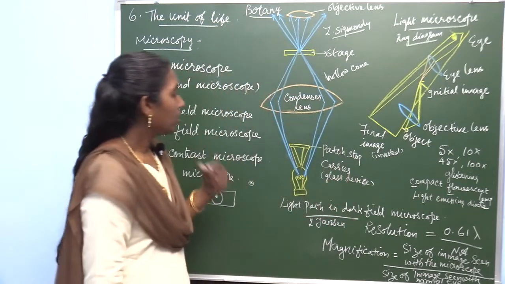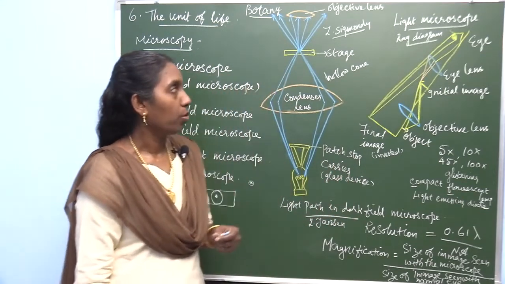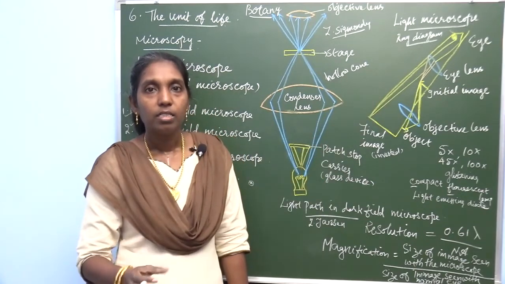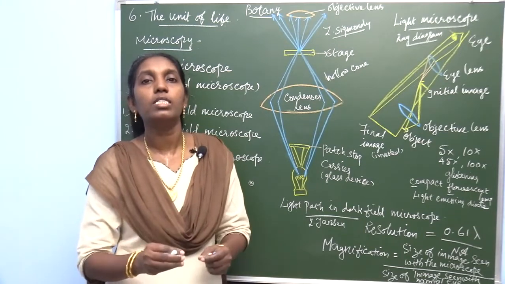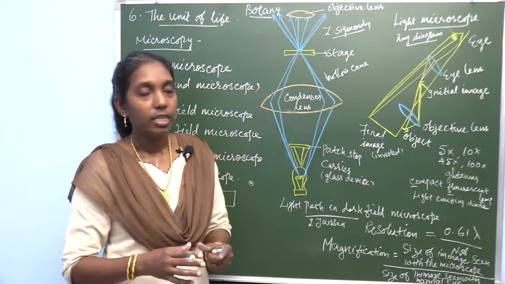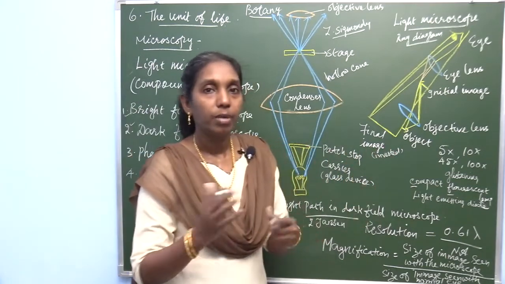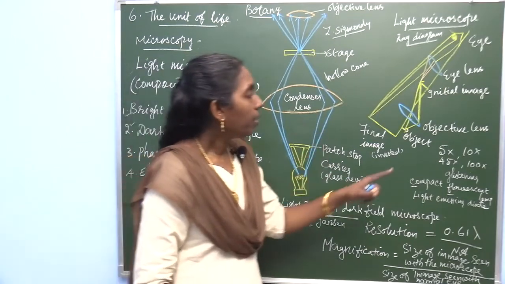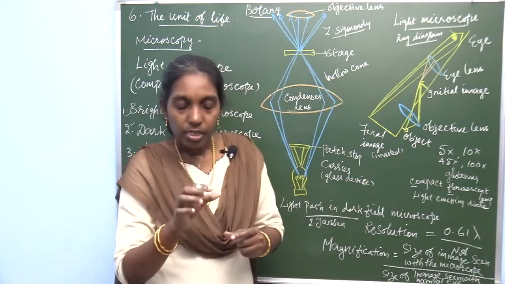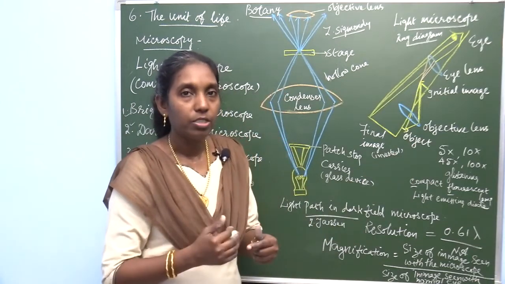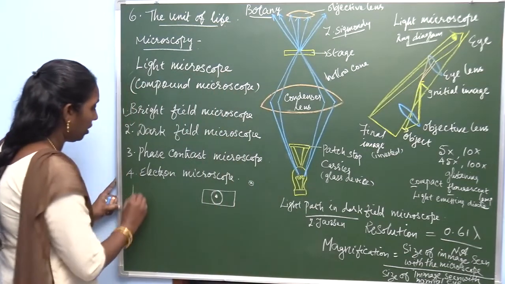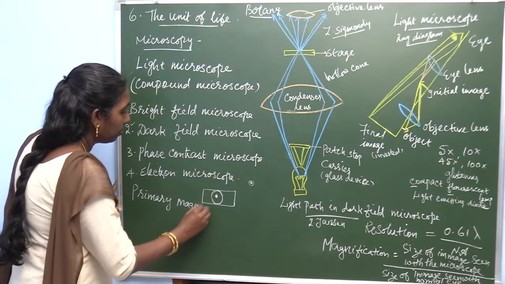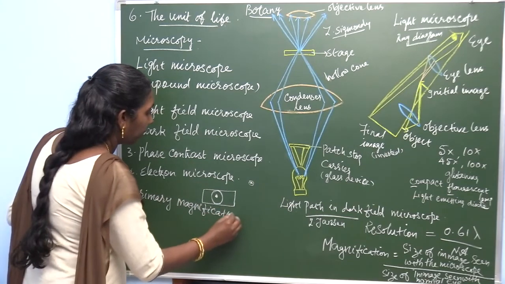Then this is the light microscope, the bright field microscope, which focuses light directly on the object. At first 2 different images form, the primary magnification and the secondary magnification. First the objective lens magnifies the image, and that is called the primary magnification.